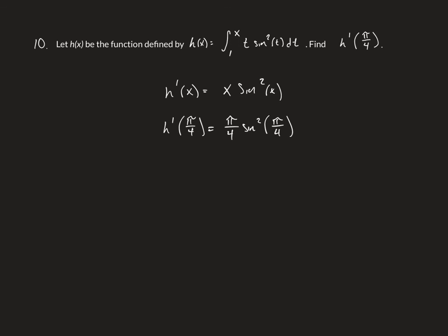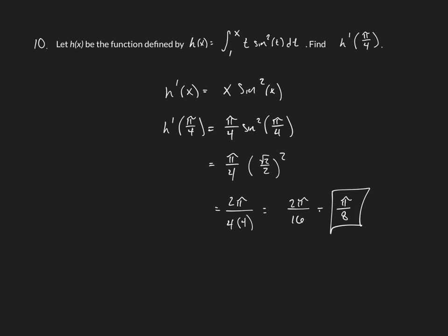So now we have to remember from the unit circle, sine of pi over 4 is radical 2 over 2, and we are squaring that. So that's going to be pi times 2 over 4 times 4. All right, so that's 2 pi over 16, or pi over 8. And that is as simple as that.